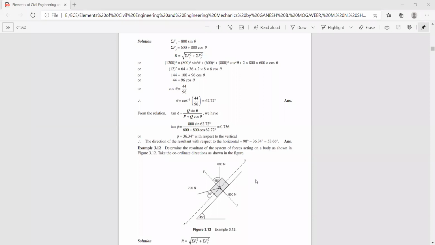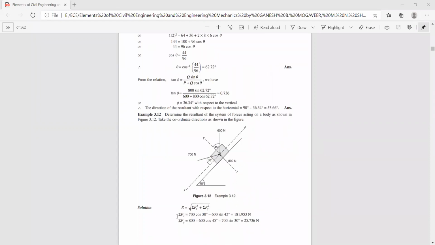Hence, sigma F of x is equal to 700 cos 30 minus 600 cos 45, or it can be minus 600 sin 45, both are the same. And sigma F of y will be 800, correct? 800 is acting along the upward direction. So 800 minus 700 sin 30 minus 600 sin 45.